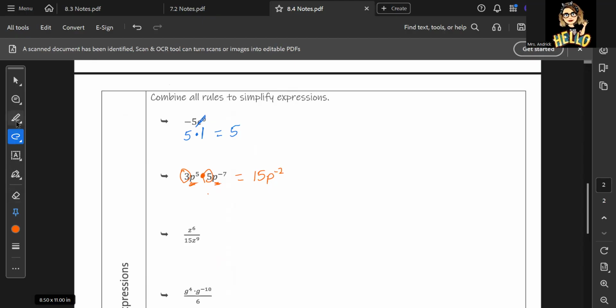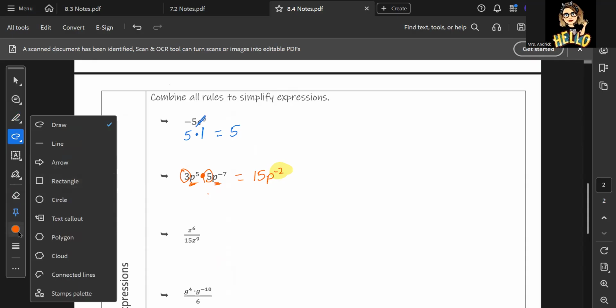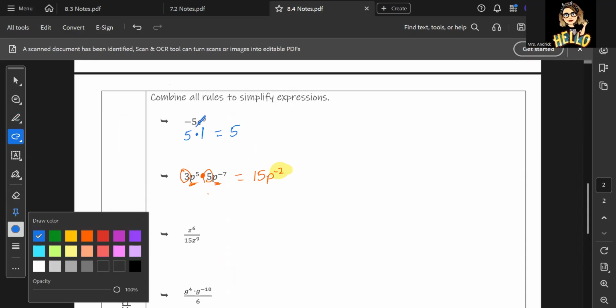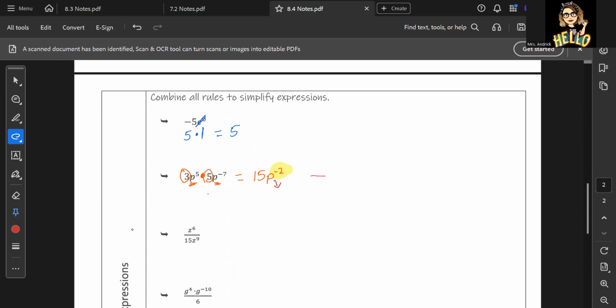But now I have a negative exponent, and I can't have a negative exponent. So what I do is I send that to the basement. So just the thing that's negative goes down to the basement. So just the P has a -2. The 15 stays up top because it has its own exponent of 1, and that's positive.